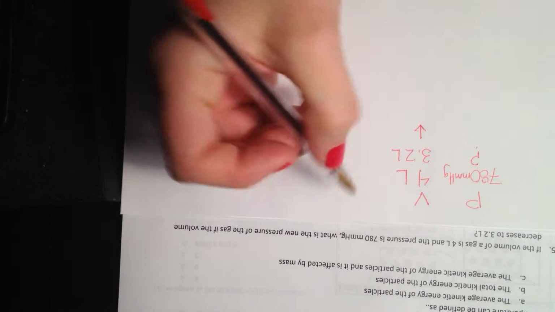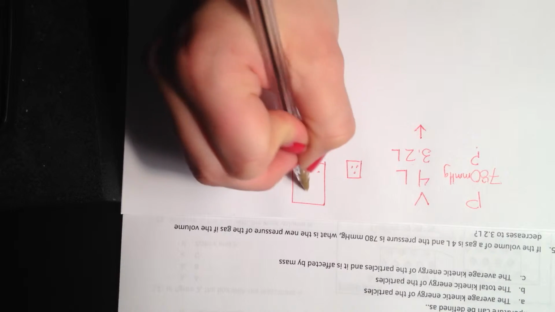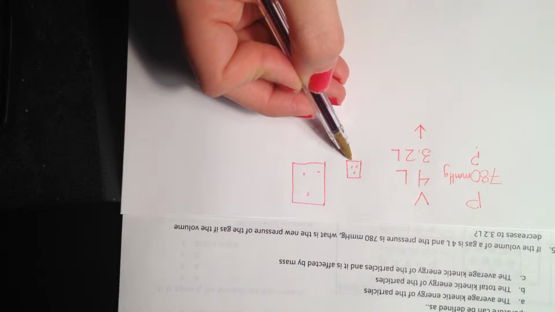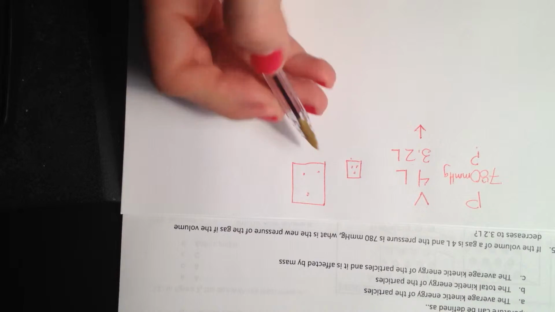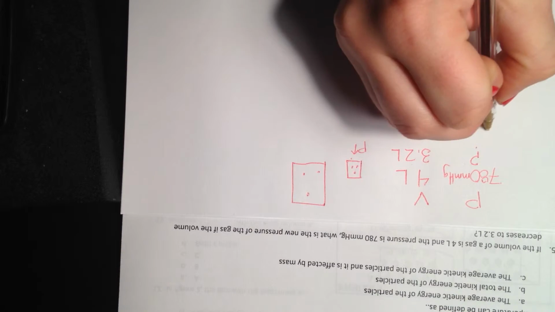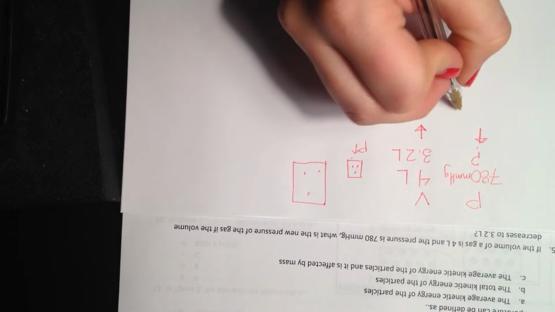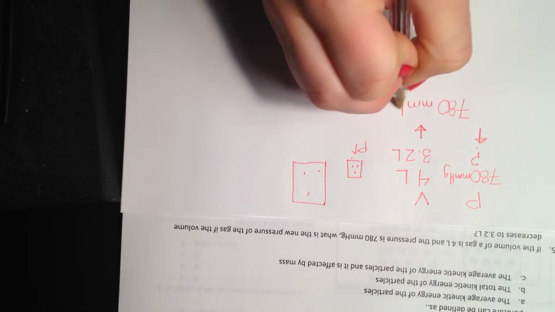If volume decreases, if we're putting our particles in a smaller volume, look at how little space they have to move around. They're probably going to be colliding a lot more in this smaller space. So that means the pressure increases when our volume gets smaller. Just like the problem before, we start off with pressure.